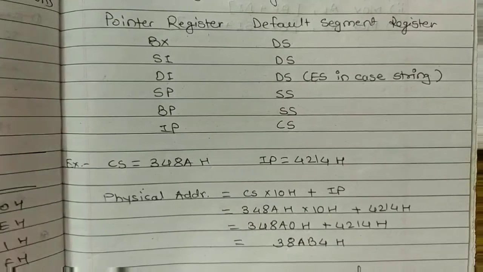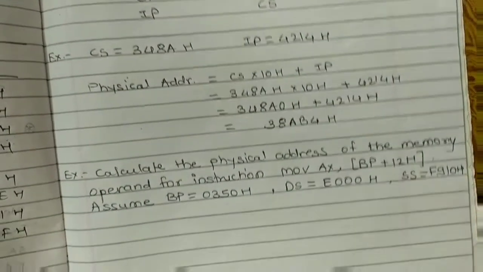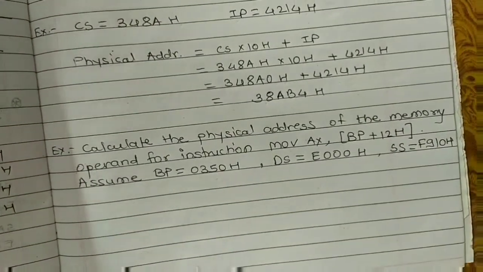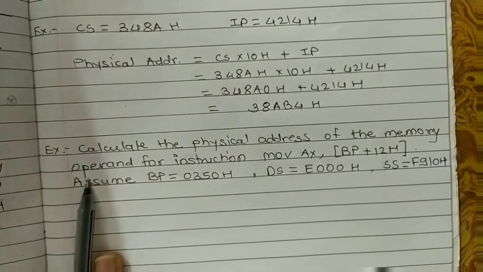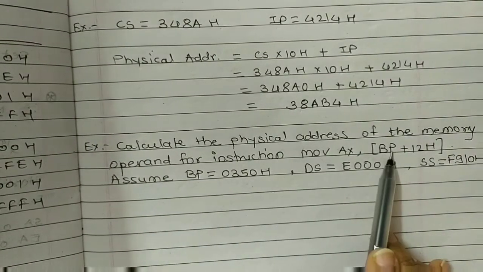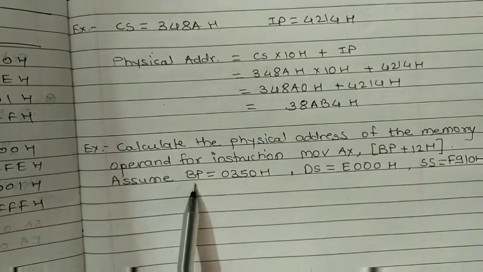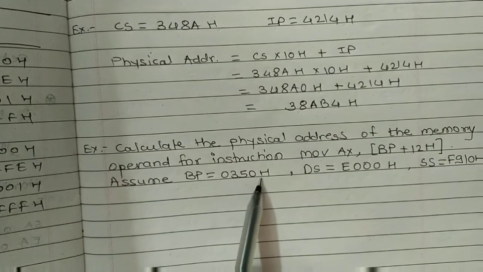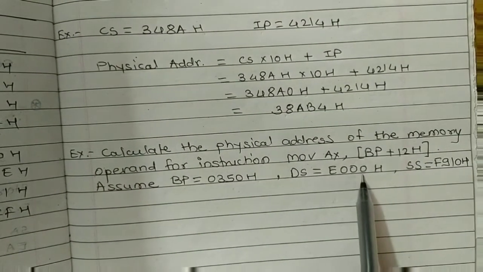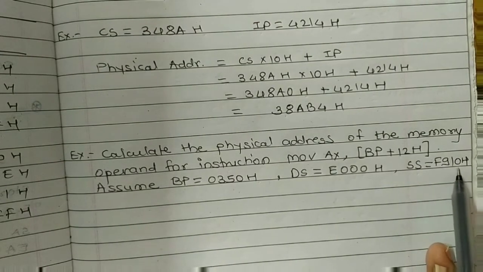Now let's see one example here. Calculate the physical address of the memory operand for instruction MOV AX, [BP plus 12H]. Here we have to assume BP is equal to 0350H, DS is E000H and SS is given as F910H.